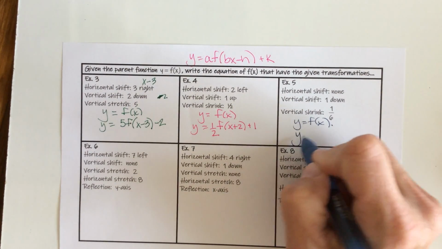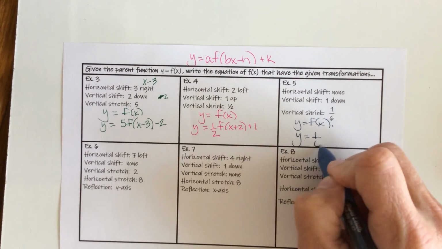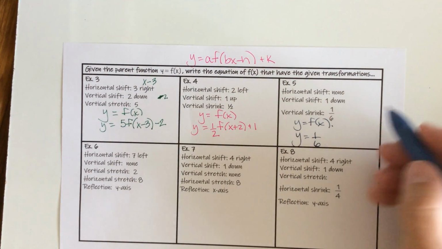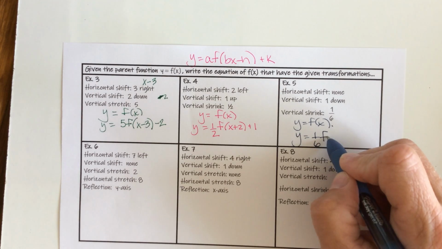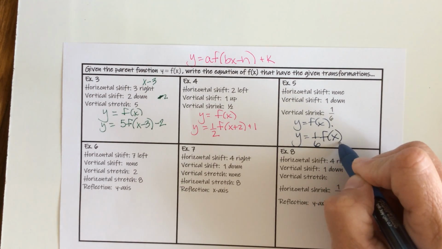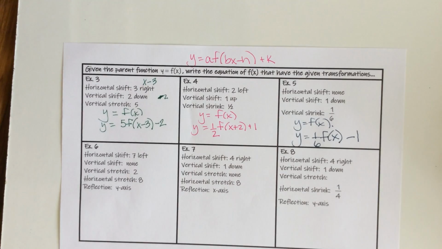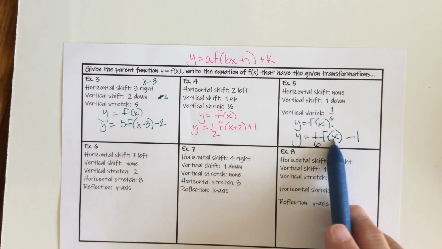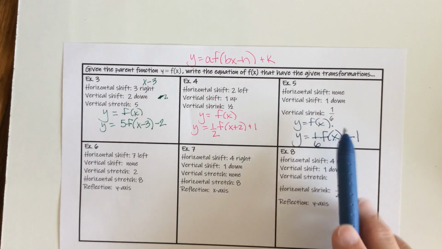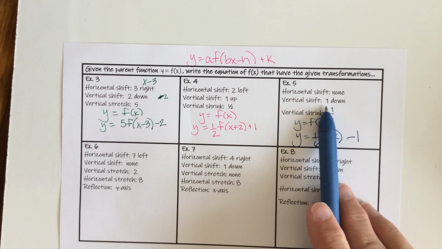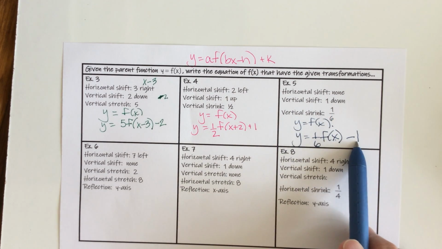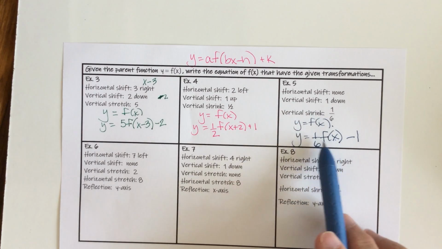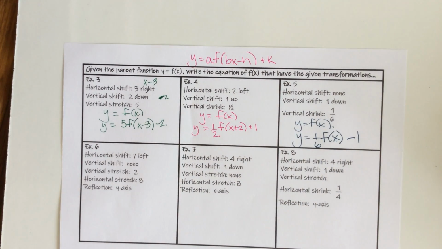So that's going to be y equals 1/6 f of x minus 1. There is no horizontal shift, so there's nothing in there with x. There's a vertical shift of 1 down, so we have our minus 1 on the outside, and then the vertical shrink of 1/6, so it's 1/6 on the outside.